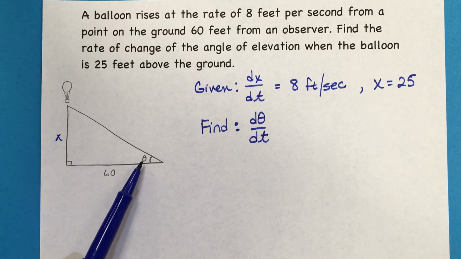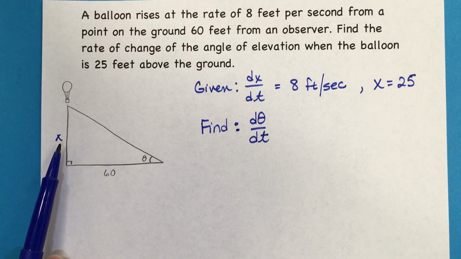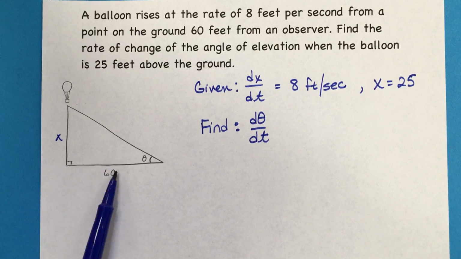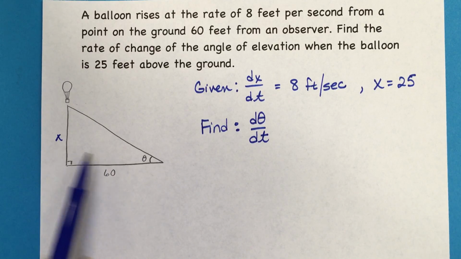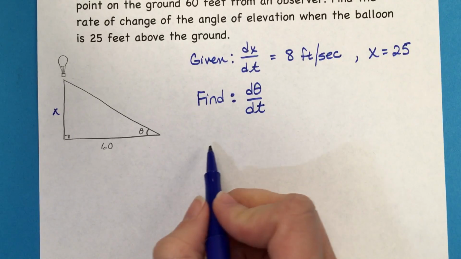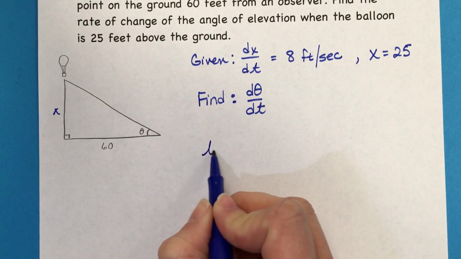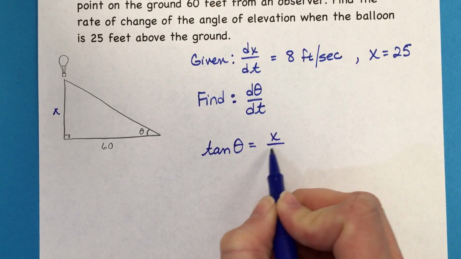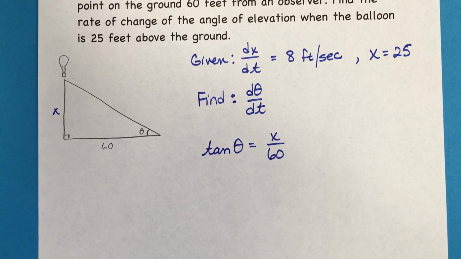What is going to be this angle of elevation when this vertical distance reaches exactly 25? And of course, I have this distance here, the 60. So this would be the opposite. This would be the adjacent. So the equation that I'm going to look for is going to involve tangent, because tangent of this angle would be equal to x over 60, opposite over adjacent, okay?